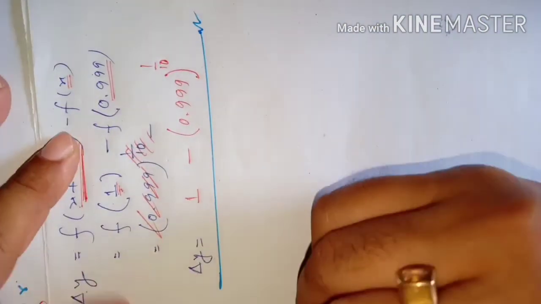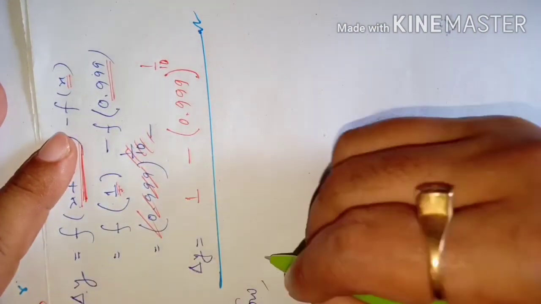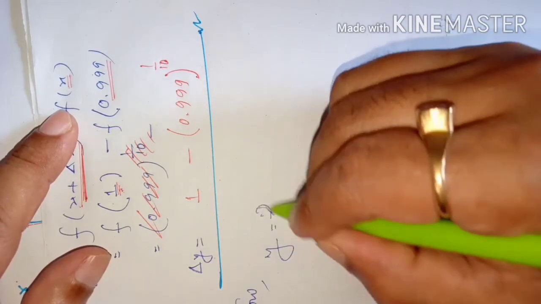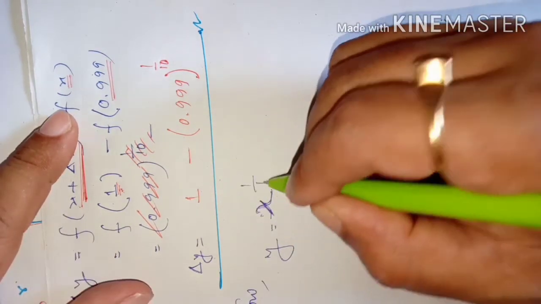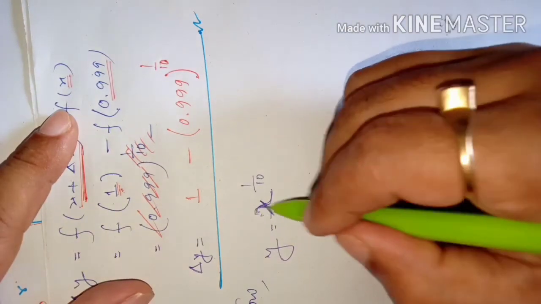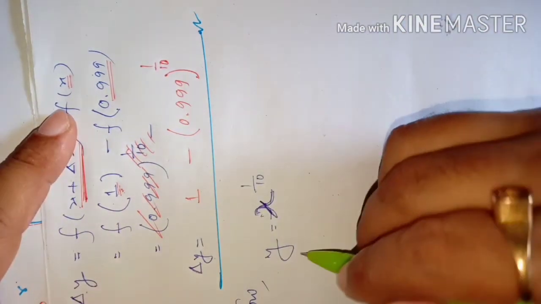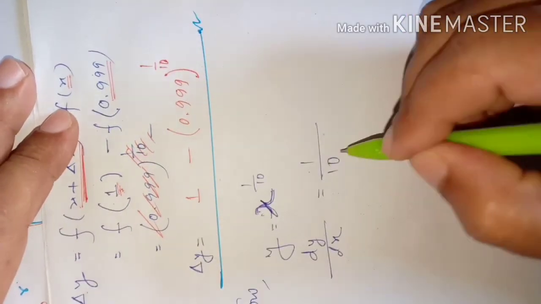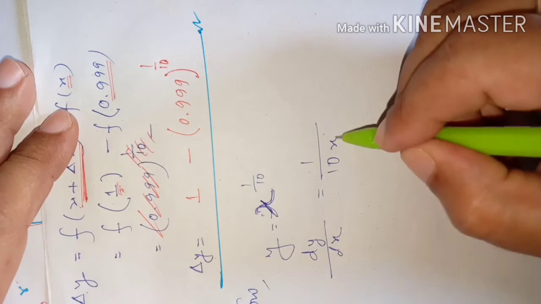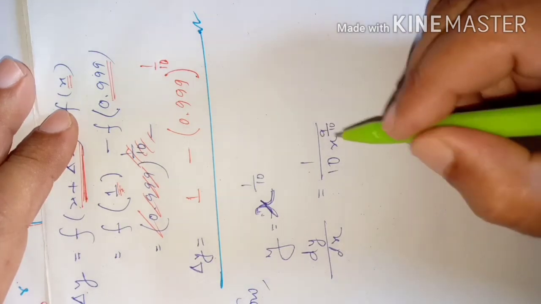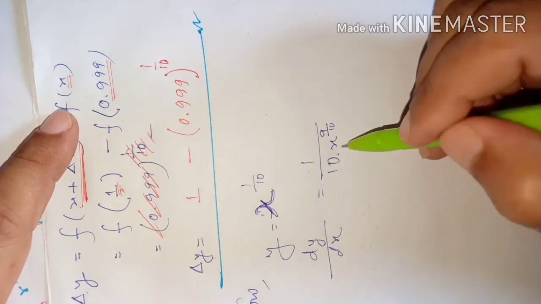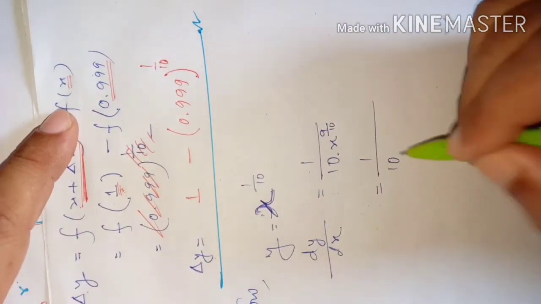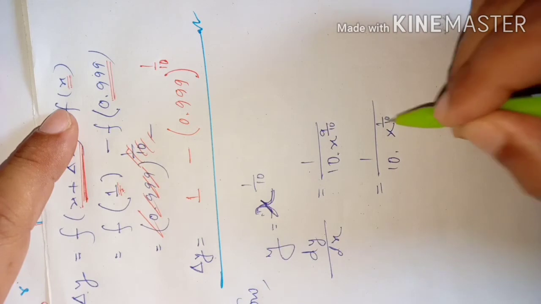So now we take the given function. Y is equal to, given function means the form of the function, x to the power of 1 by 10. So dy by dx will be equal to 1 by 10 and x to the power of 9 by 10. Got the idea? 1 by 10 into x to the power of 9 by 10, which can also be written as 1 by 10 into x to the power of 1 by 10 whole raised to the power of 9.